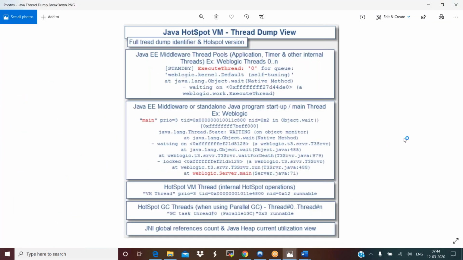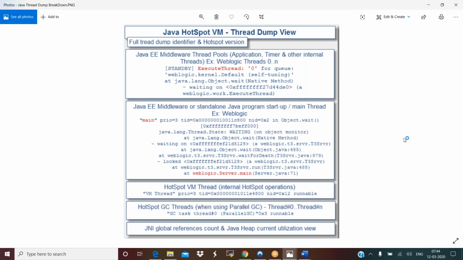So this particular diagram is the Java HotSpot VM. You have different virtual machines, different JVMs from IBM, JRockit. HotSpot is basically from Oracle, Sun people. So in order to give you a better understanding, I have captured this diagram.